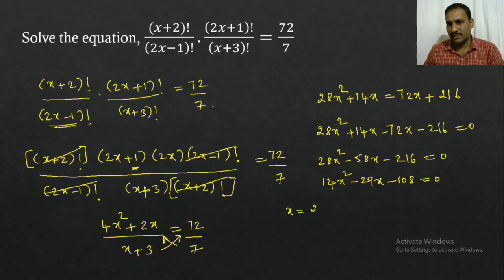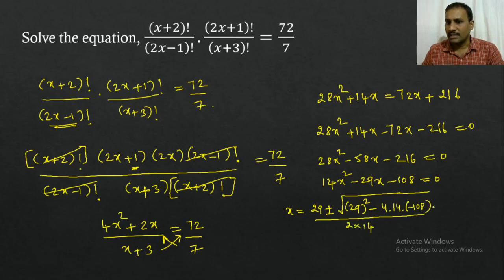x is equal to (-b ± √(b² - 4ac)) / 2a, that is 4 into 14 into -108, by 2 into 14. This can be written as 29 ± √(29² = 841, plus 14 × 4 × 108, that is 6048), by 2 × 14, which is 28.